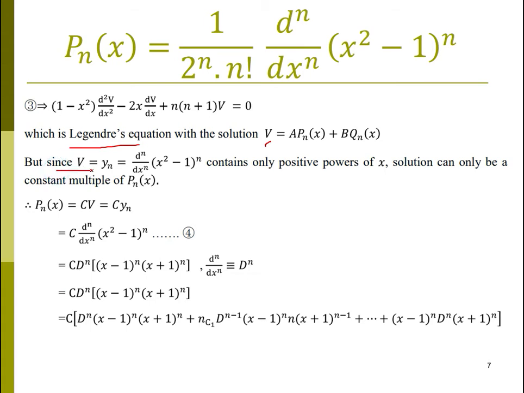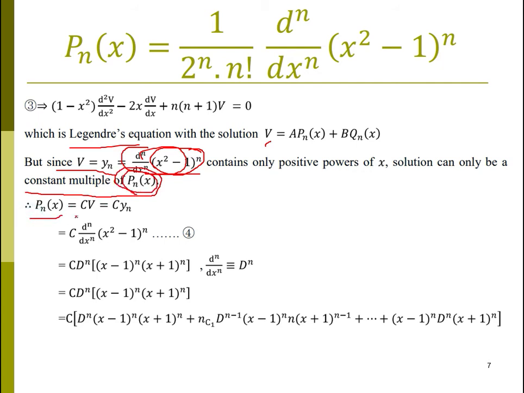But since v is equal to y_n, and y_n is equal to this, it contains only positive powers of x, so the solution can only be a constant multiple of Pn(x).